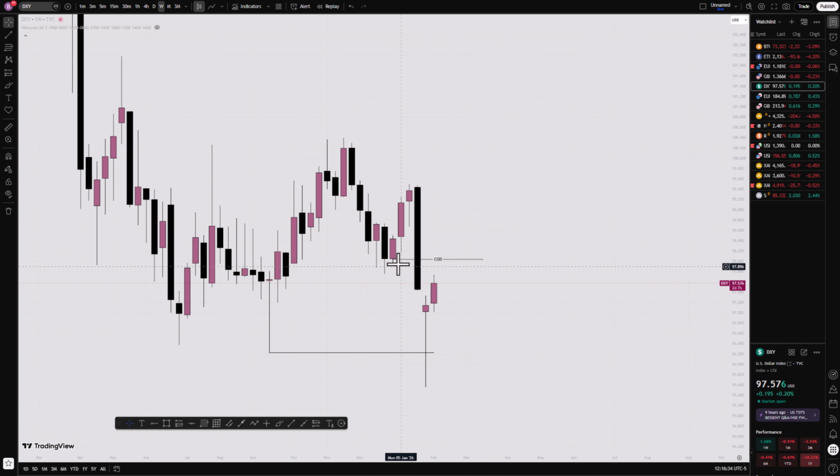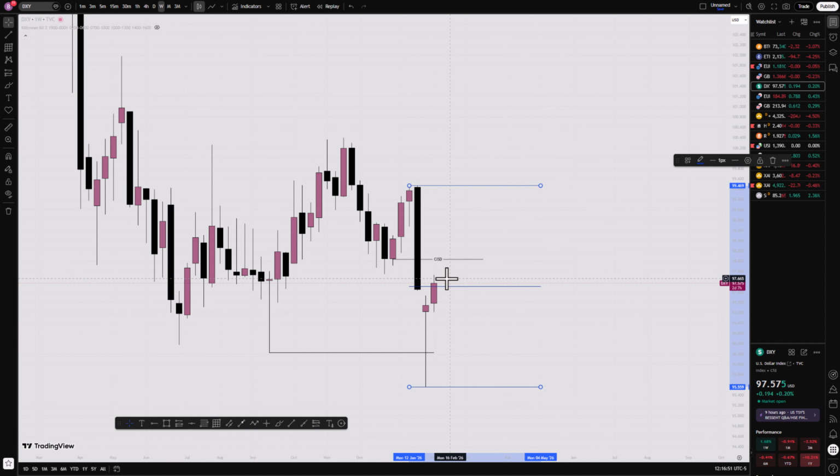Now we want to see price coming to this open or closer to the open, because price is repricing. If we put our Fibonacci here from this range high to this range low, we'll see that price is already at discount prices, but we want to see deep discount prices.